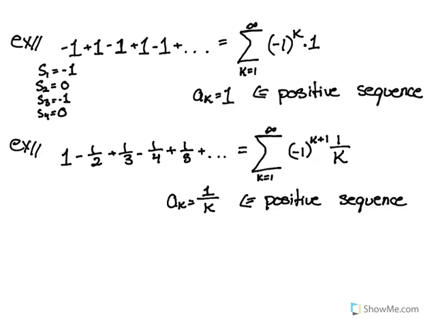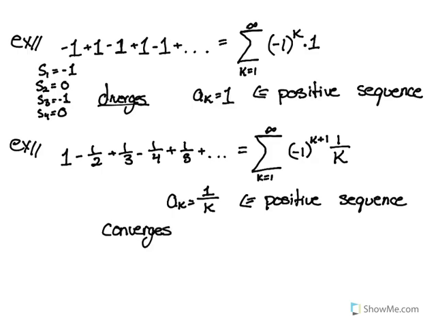Intuitively, the harmonic series adds up to infinity. As we keep adding numbers, it blows up to infinity. But in this case, we're adding and subtracting, so that effect cancels out, and at the end we get a finite value. So the first series diverges, and this one converges.